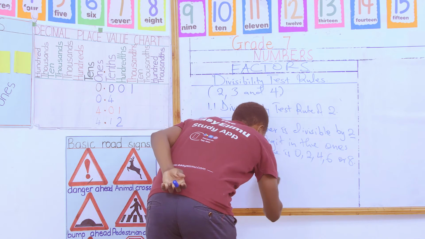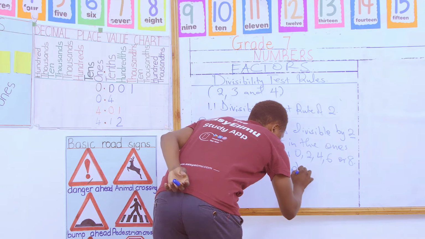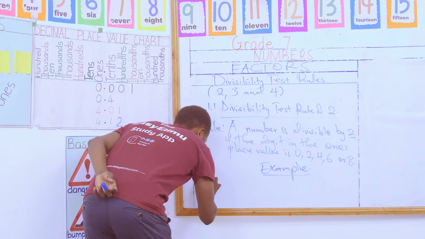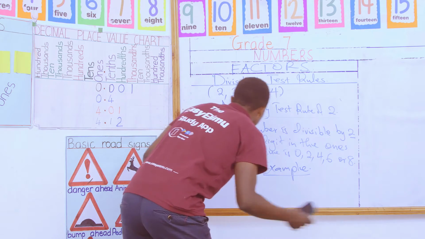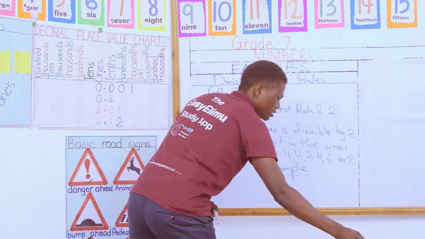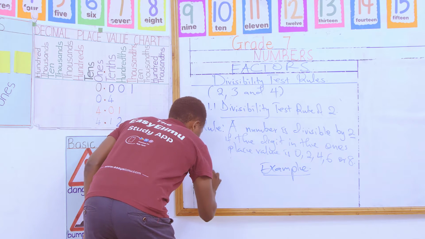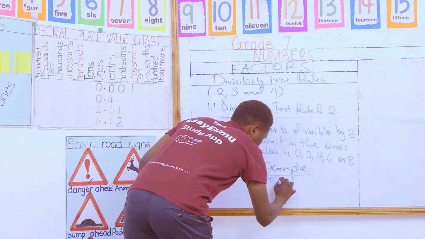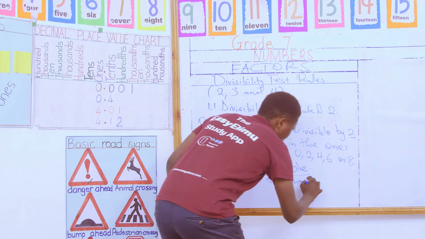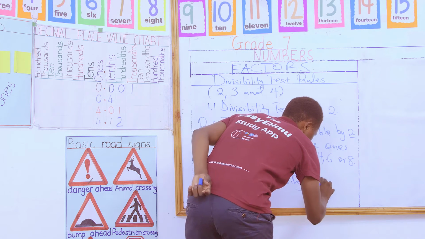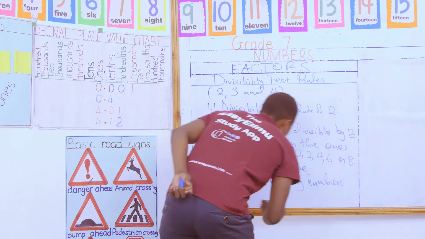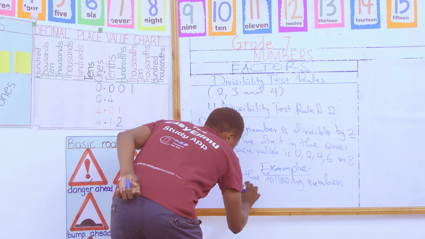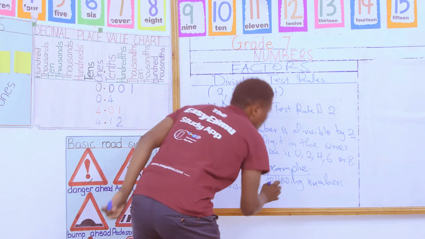Example. Which of the following numbers are divisible by 2?